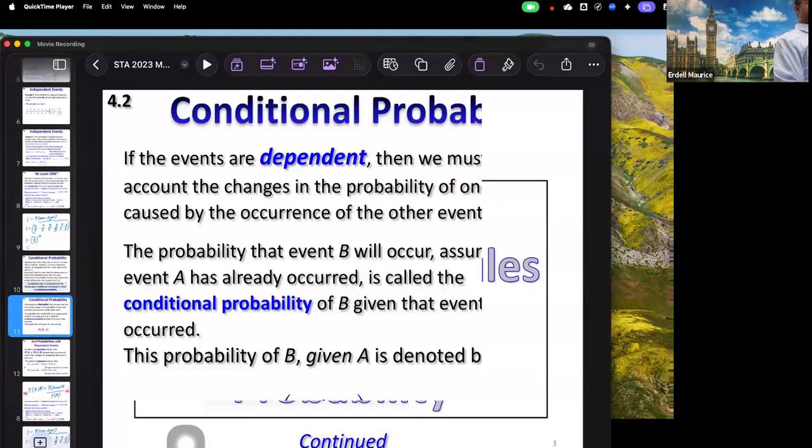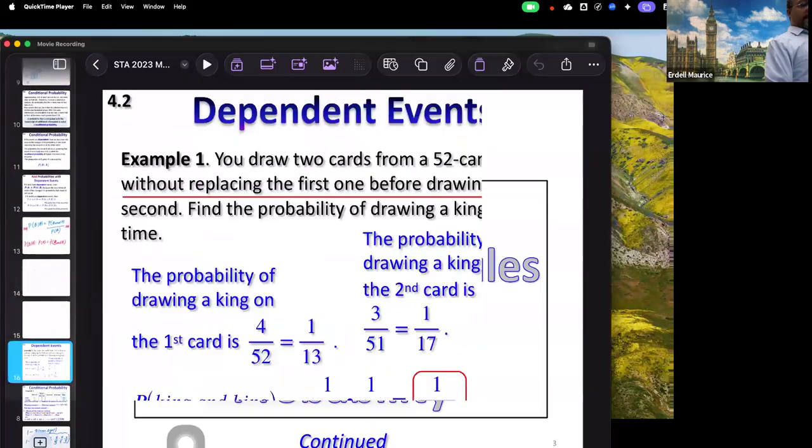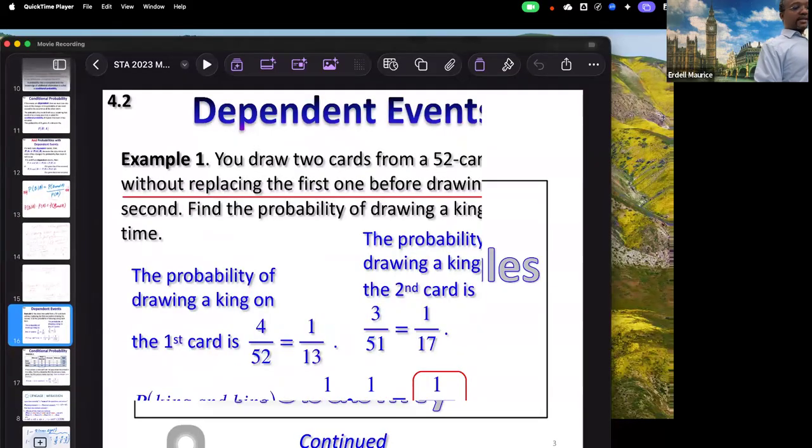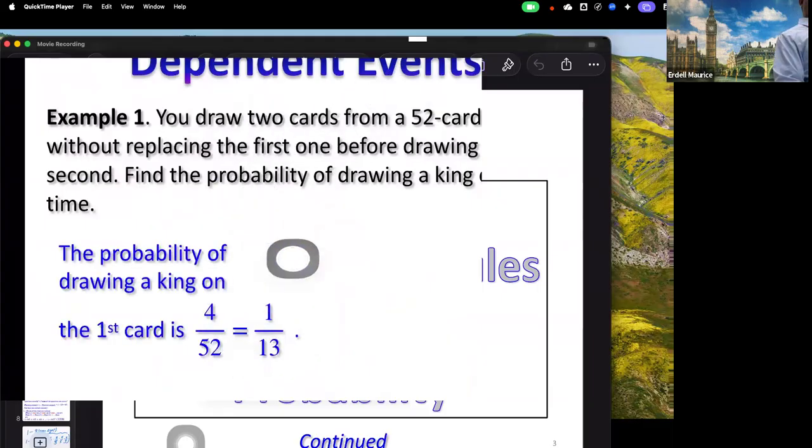Questions there? All right. We had our multiplications, and so we had the example of a king and a king. If you're drawing from a 52 card deck without replacement, it means the events are dependent. What's the probability of getting two kings? Well, on the first draw, it's going to be 4 out of 52 chance of getting a king.